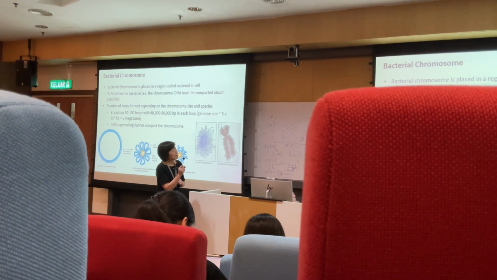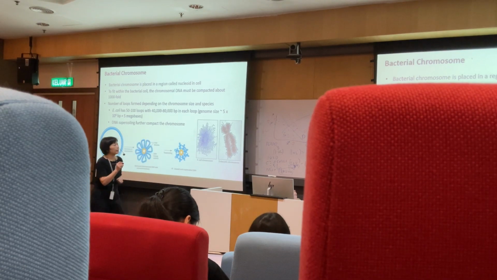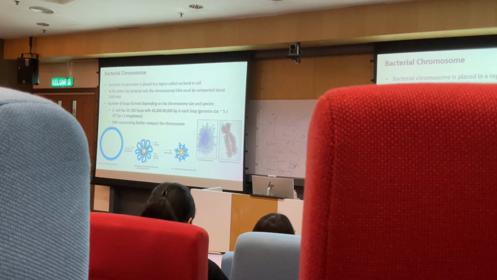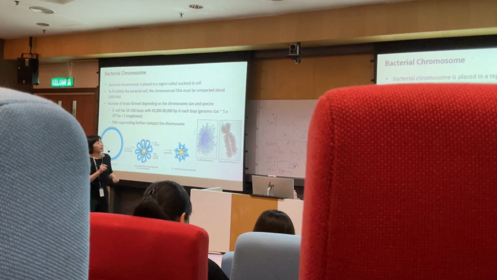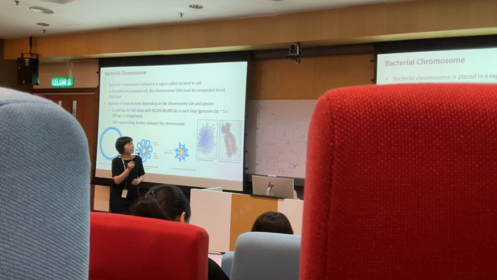And you can calculate that E. coli has around 50 to 100 loops, and each loop has 40 to 80,000 base pairs. Therefore, the genome size is about 5 megabases. A megabase is 5 million base pairs.